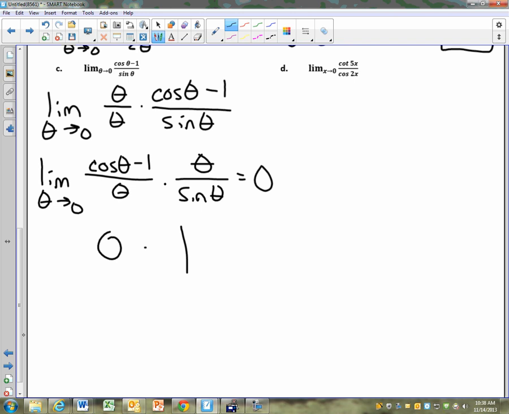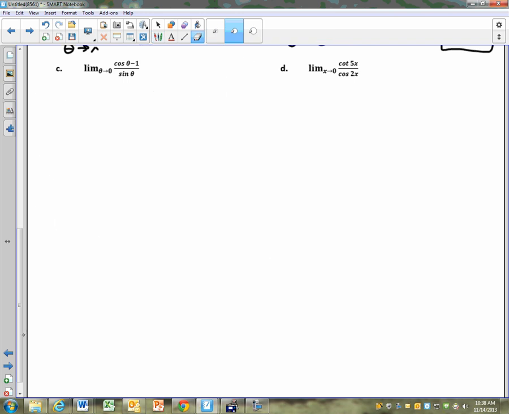Okay, last one. I don't see a cosine or a sine here on top. That worries me. So what might you want to do right away? Let's rewrite it so instead of cotangent you have... Alright, so we have the limit as x goes to 0 of... Oh my gosh.